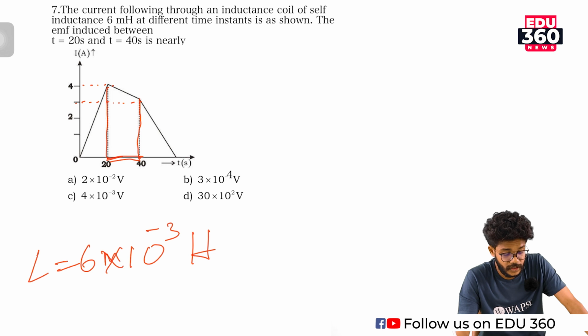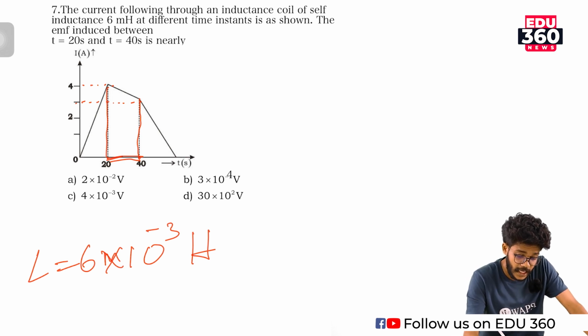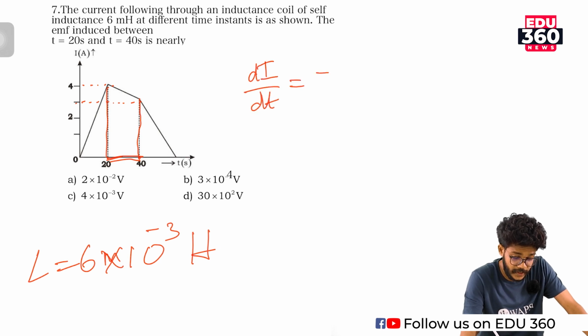Okay, this is the portion, and in this time interval we can find the rate of change of current with respect to time. di/dt is the slope, which is negative because it is pointing downward. So the negative change in current: its unit is 2, so half of the unit is 1.